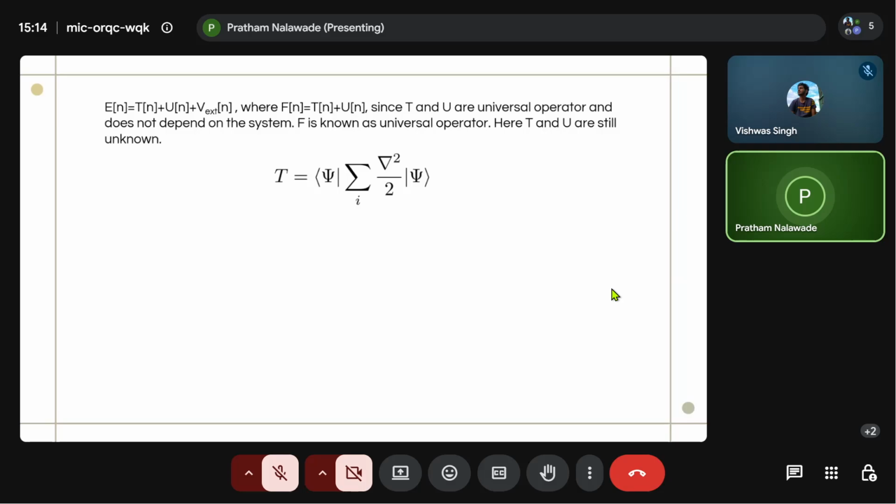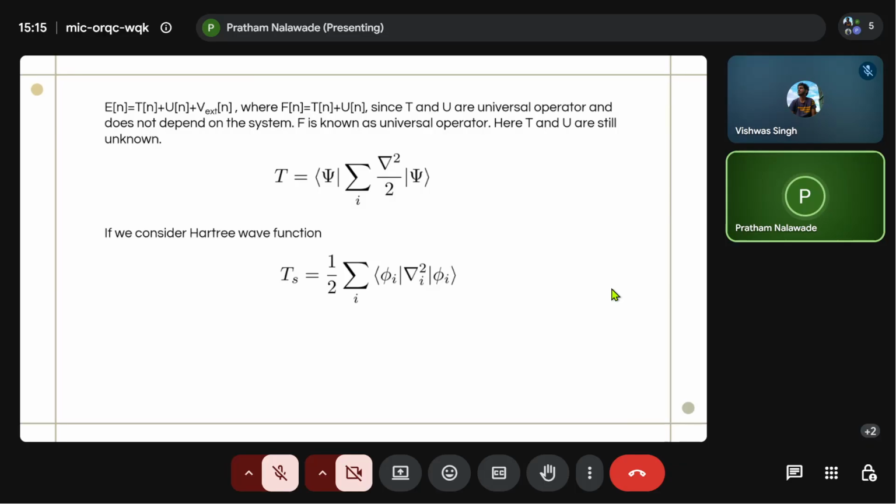You change the external potential, the system will be different, but the kinetic term and the electron-electron interaction term are the same in all systems. So this is our T. This is what we start with, and then my job is to write this now in terms of density.